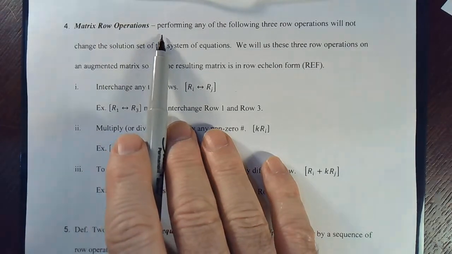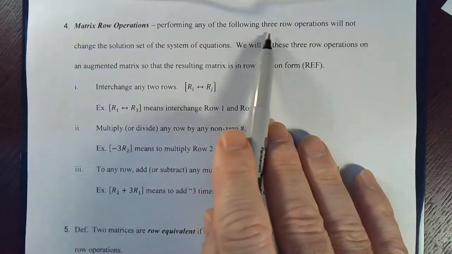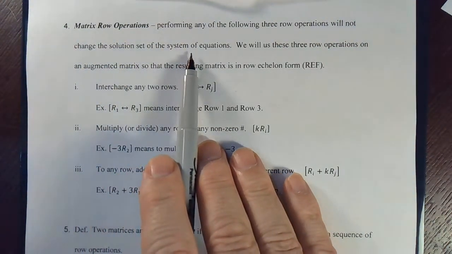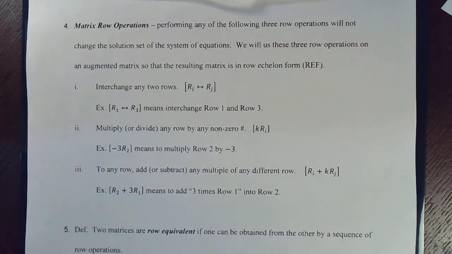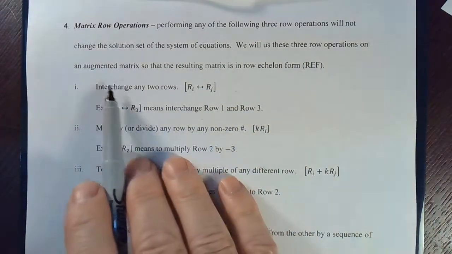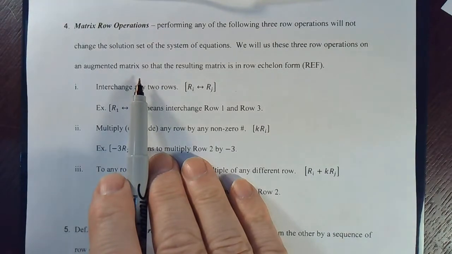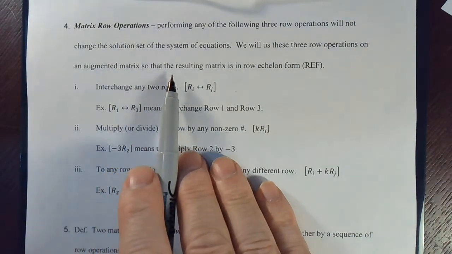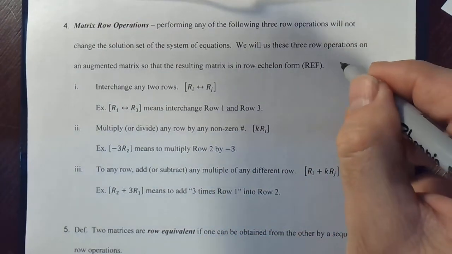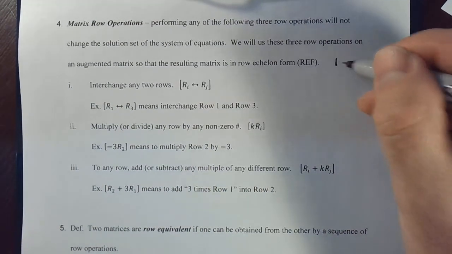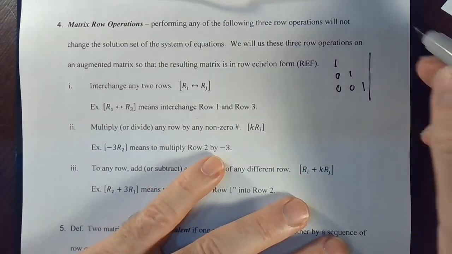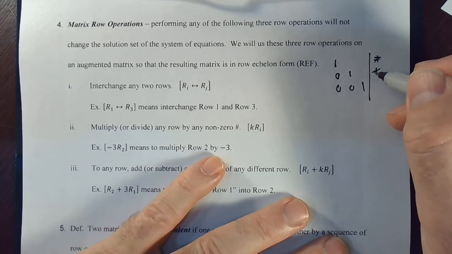The matrix row operations: performing any of the following three row operations will not change the solution set for the system of equations. So, we'll use these three row operations on an augmented matrix in a certain way so that the resulting matrix is in row echelon form, which means, again, the ones go down the diagonal, zeros underneath, and then these could be any numbers we want.